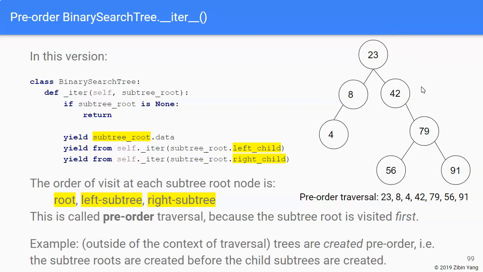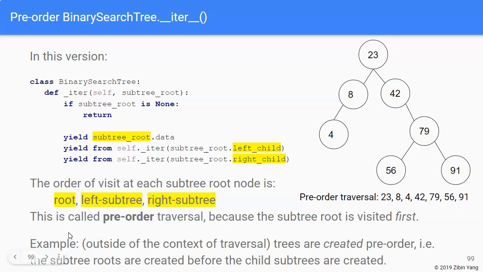So now we go down the right subtree, and the root of that subtree is 42, and there's no left subtree, so we go down the right subtree, and so we visit 79, 56, and then 91 at last. So hopefully that all makes sense.